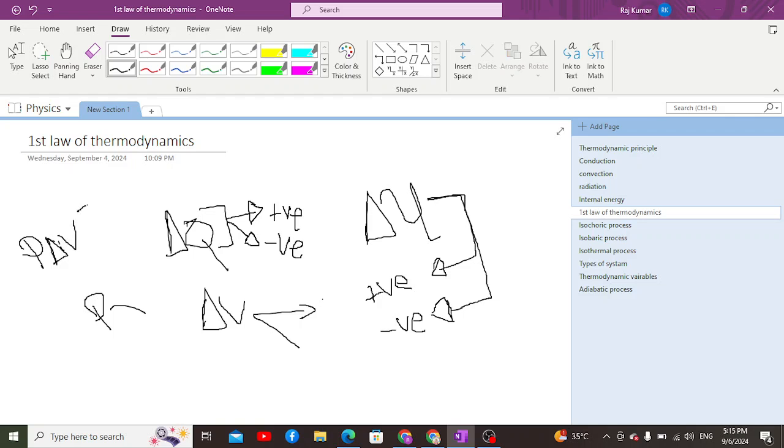P is not a thermodynamic variable because it depends on the path taken, but P delta V is considered a thermodynamic variable, known as the work done. Work done is positive if there is any expansion going on, and negative when there is compression going on. We are going to study each and every phenomenon in this case.